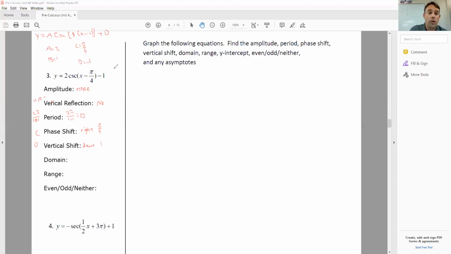So now to graph cosecant, I'm going to graph its reciprocal. And the reciprocal of cosecant is sine. So think back to what those beginning values were for sine. We end up with x and y. So sine was 0, 0. Pi over 2, 1.